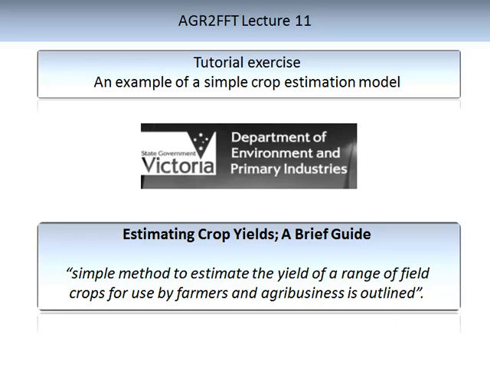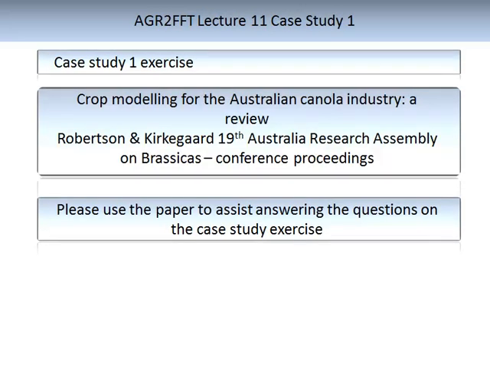Once the exercise is completed, insert the exercise into your lecture notes here. For case study number 1 exercise, you will need to read the Robinson and Kierkegaard 19th Australia Research Assembly on Brassicas Conference Proceedings. This article is on crop modelling for the Australian canola industry, a review.